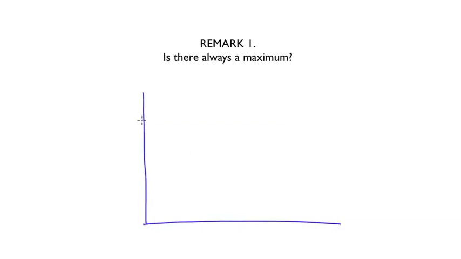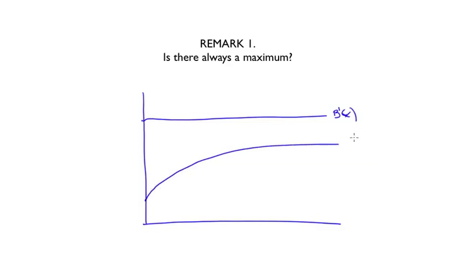So suppose that, for example, your marginal benefit function is flat, which is something that is allowed by the concavity conditions, and that your marginal cost function is increasing, but it increases asymptotically like this, and it never crosses the marginal benefit curve.